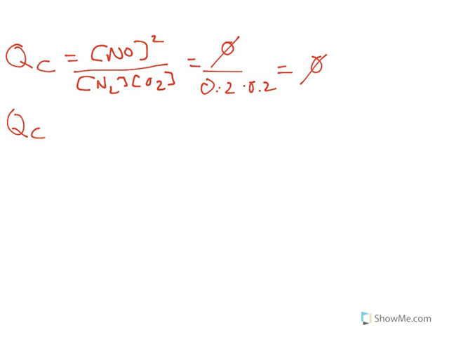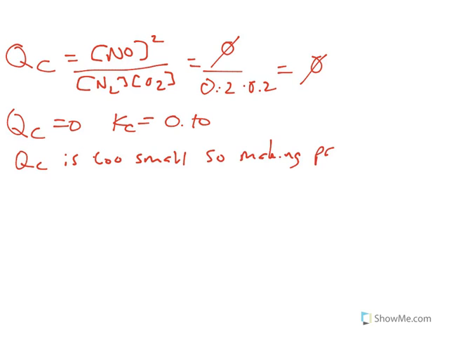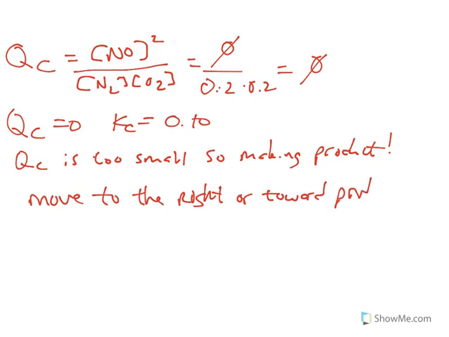So Qc being equal to 0 and Kc being equal to 0.1, we know that Qc is too small. So we're making product and consuming reactant. So this reaction is going to move to the right, or towards products. Again, this is trivial because we knew that was going to happen because we don't have any NO to start with. So that's step 1.